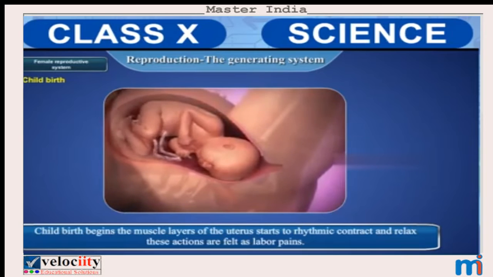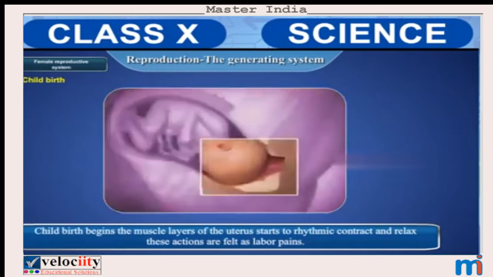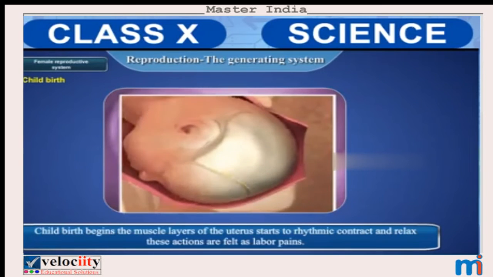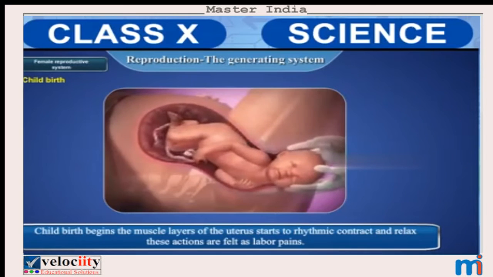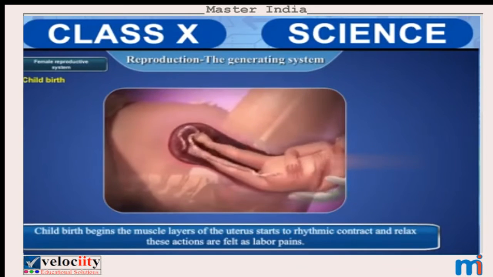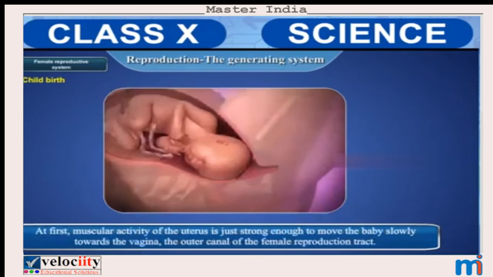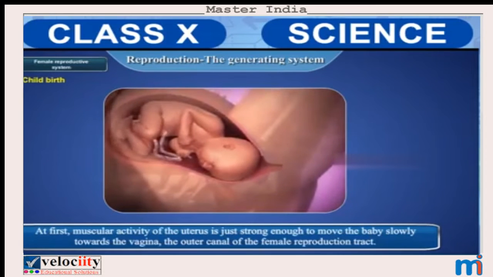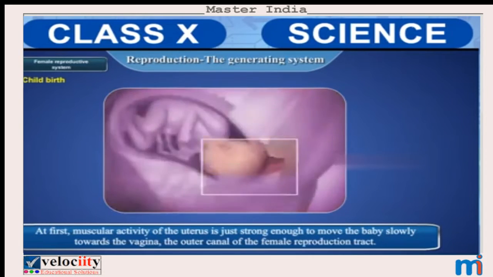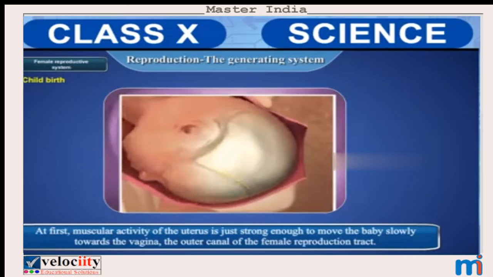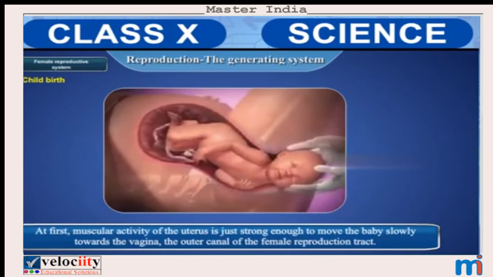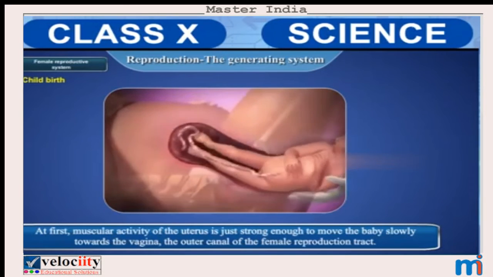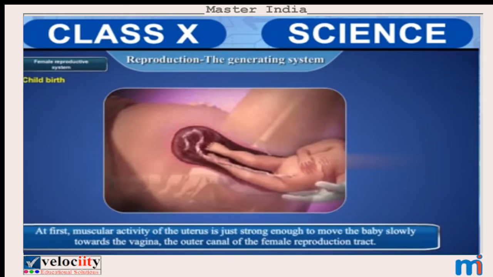Childbirth begins when the muscle layers of the uterus start to rhythmically contract and relax. These actions are felt as labor pains. At first, muscular activity of the uterus is just strong enough to move the baby slowly towards the vagina, the outer canal of the female reproductive tract.